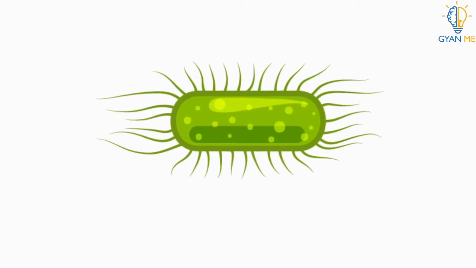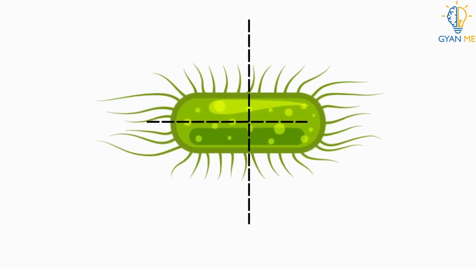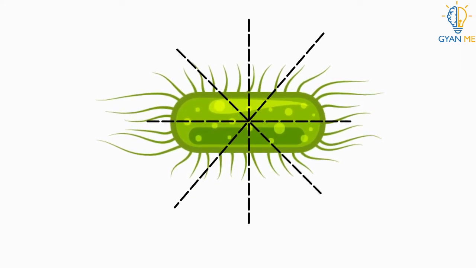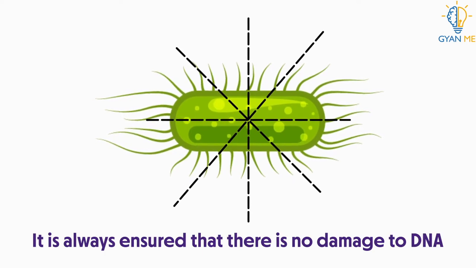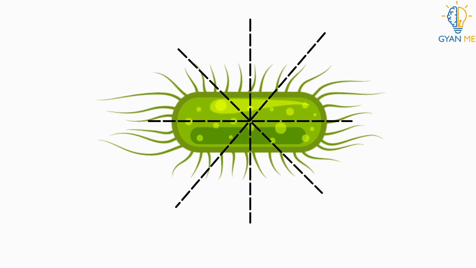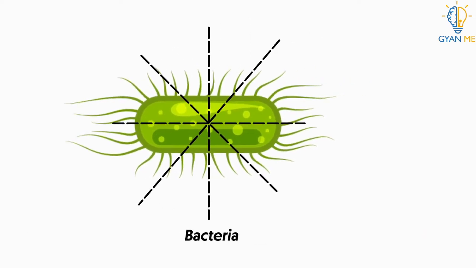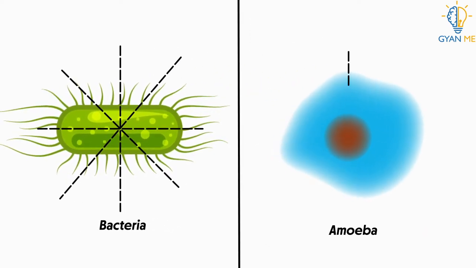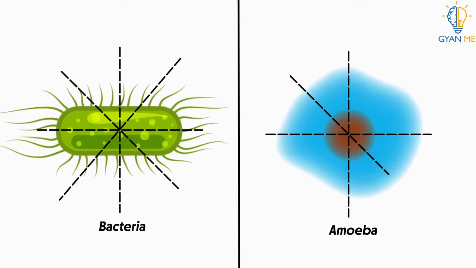Also for bacteria, splitting can happen in any plane. Of course, it is always ensured that there is no damage to DNA. So we can say that for some organisms like bacteria and amoeba, fission happens in any plane.